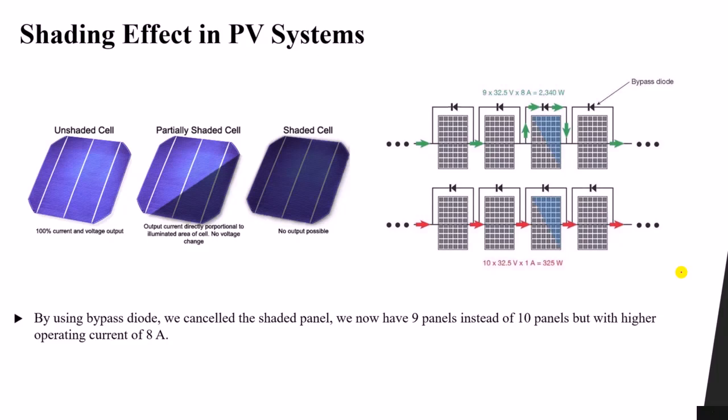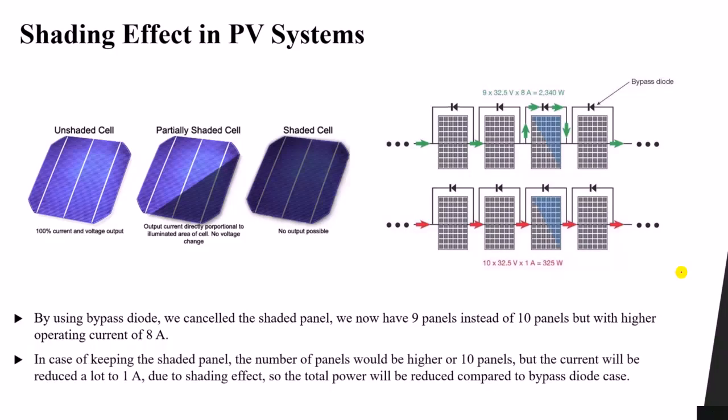We now have 9 panels instead of 10, but with a higher operating current of 8 ampere. In case of keeping the shaded panel, the number of panels would be higher, 10 panels, but the current will be reduced a lot to 1 ampere due to the shading effect, so the total power will be reduced compared to the bypass diode case.